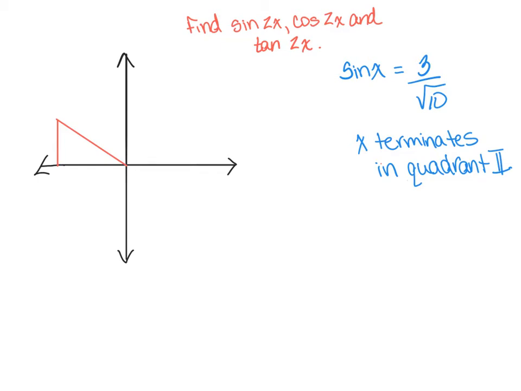Our x value is negative and our y value is negative. Okay, this is quadrant 4. Our x value is positive and our y value is negative. Okay, so that's important to have when you're dealing with the different quadrants. So that is why knowing where our x terminates is super important.